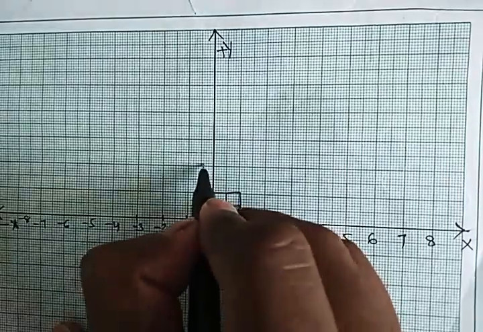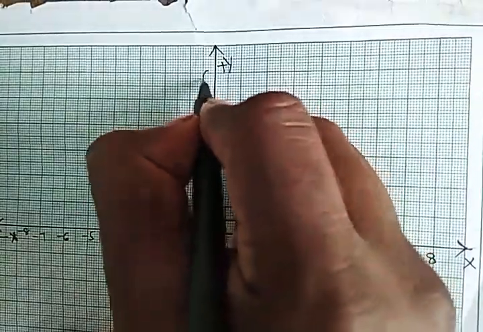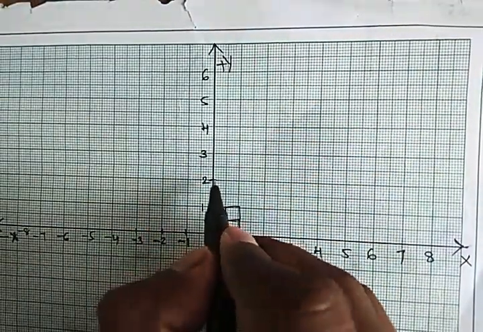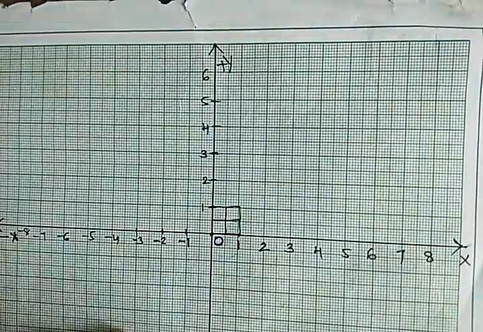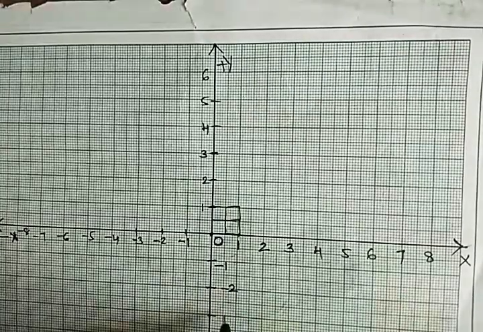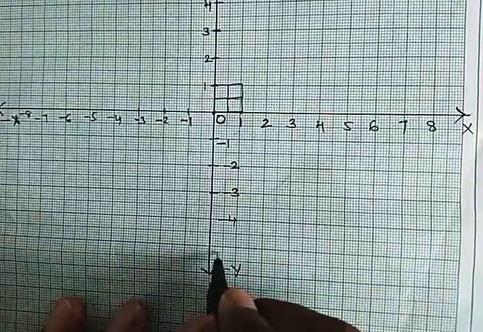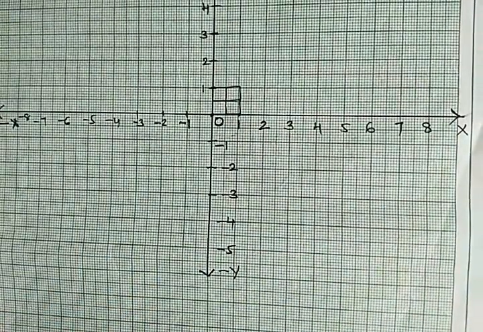Here it is +1, 2, 3, 4, 5, 6, 0 to 1. So this is 1, this is 2, 3, 4, 5. And in the negative direction I'm taking -1, -2, -3, -4, and -5. You can extend according to the requirement of the question.